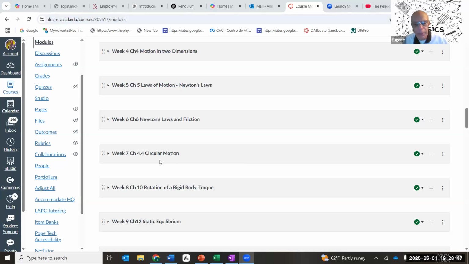Because at this point, we have covered Newton's law. We know what force is. We know what a displacement is, right? We covered displacement, distance traveled, right? And torque involves displacement and force, and also involves rotation.